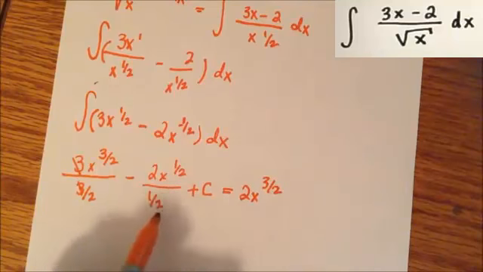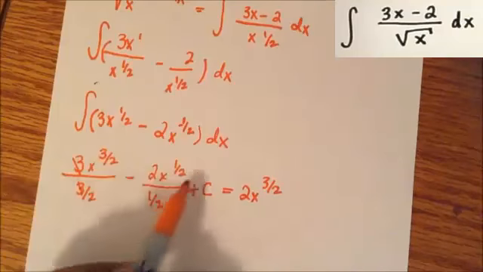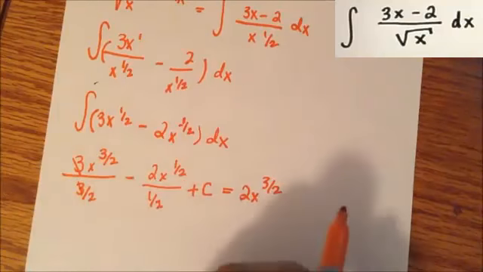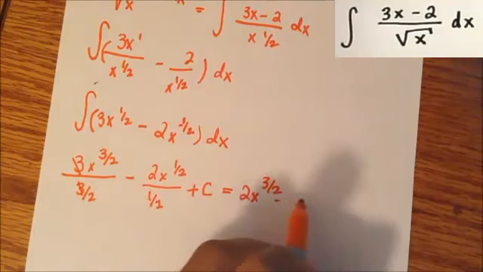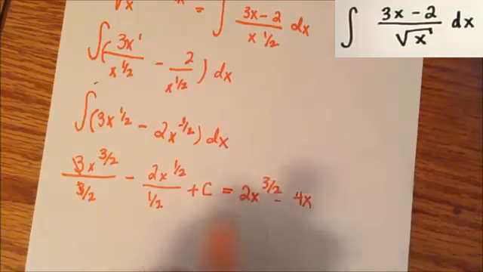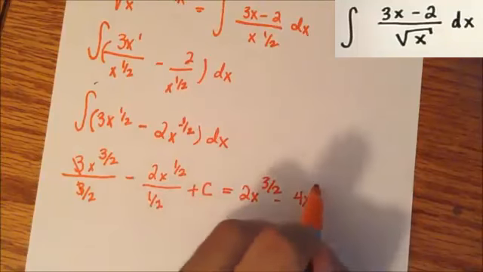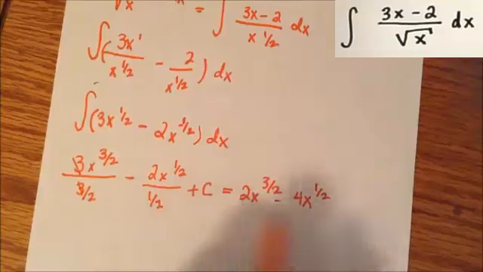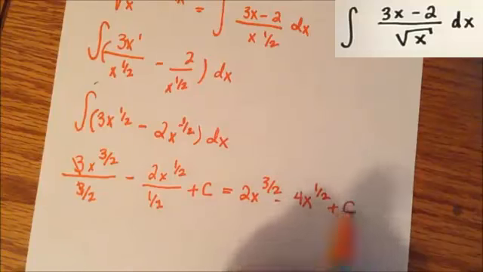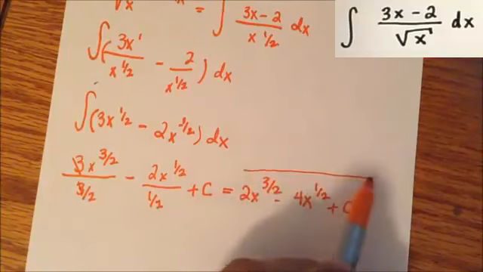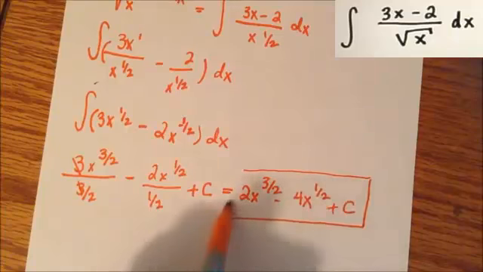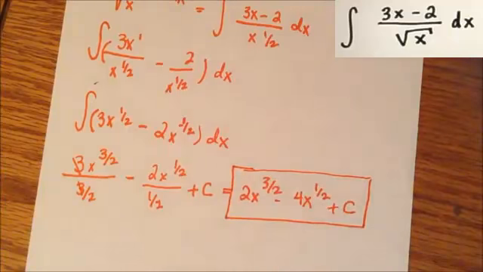Dividing by 1/2 is exactly like multiplying by 2. So I'm going to have minus 4x, again raised to the power of 1/2. And then I'm going to have my constant. And there is your antiderivative for this problem.